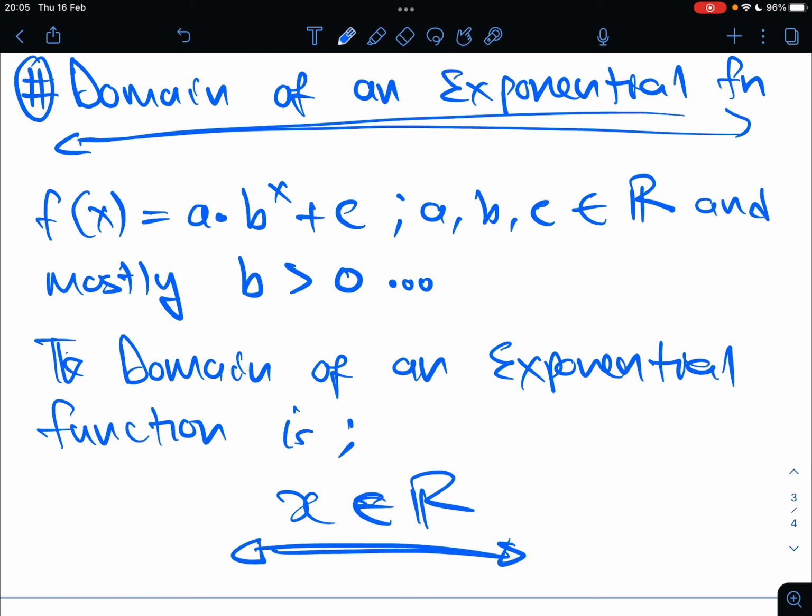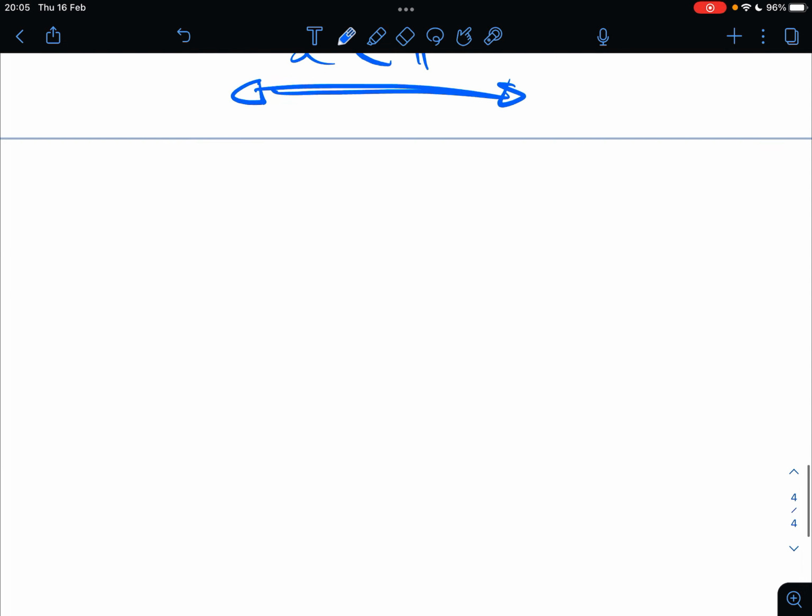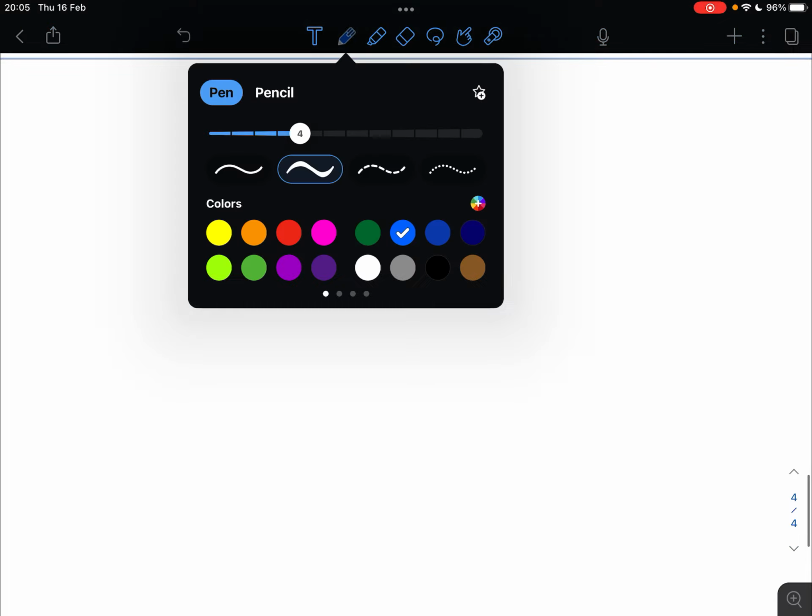But this is not something which is true for all functions. It's not always the case that every function can take anything and give you output for whatever you put in it. There are some functions which reject some other things. And now we're going to look at such functions which cannot take everything. So the next function that we want to look at, which can take some things and reject others, is as follows.